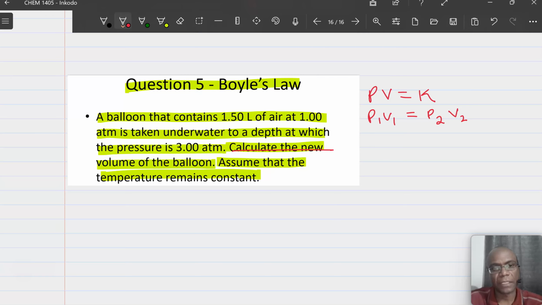I'm asked to calculate the new volume, so what's needed here is V2.